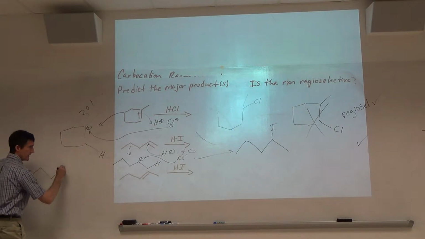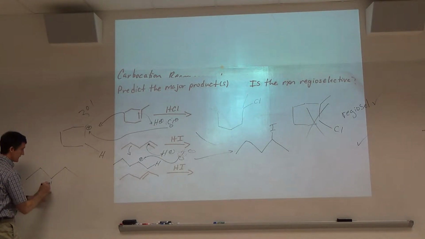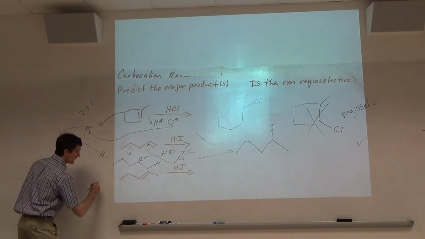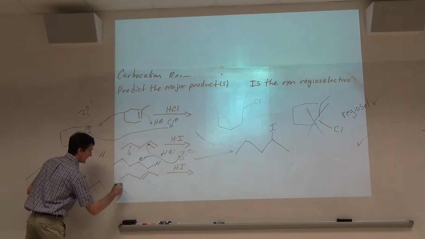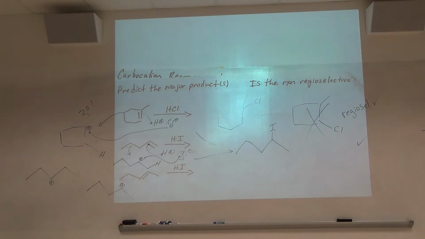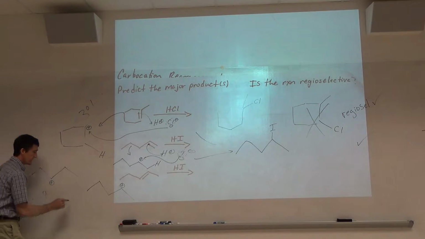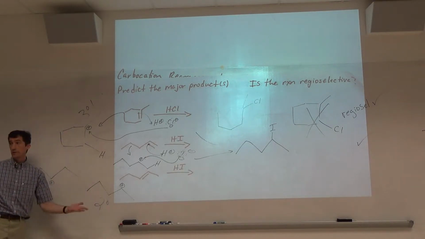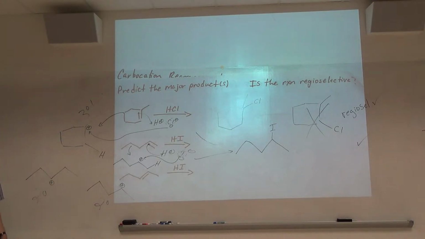We can make that cation, or we can make that cation. Which cation is best? They're both secondary, and so they're going to be both equally formed. I mean, if you drew them on a reaction coordinate diagram, you'd put them at the same level. There's no reason, okay?